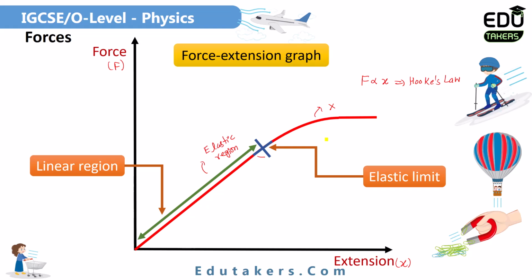In this region, when you apply the force on the object, the extension increases, but not equally to that of the applied force. But when you remove the force, the extension of the spring does not decrease. It means that the spring does not come to its original position. That's why this region is basically called the plastic region. And in this case, the spring is plastically deformed.